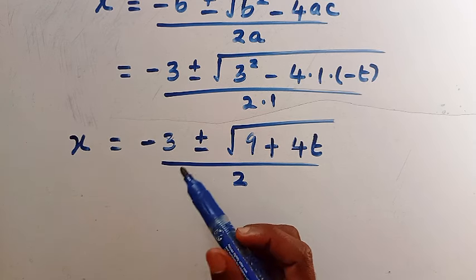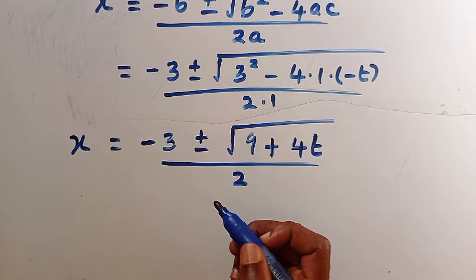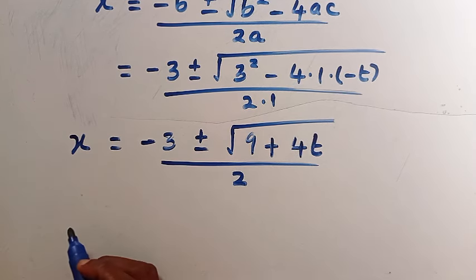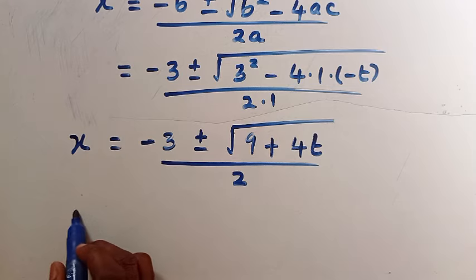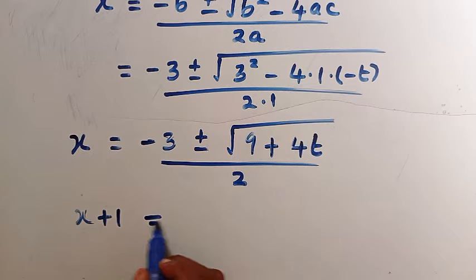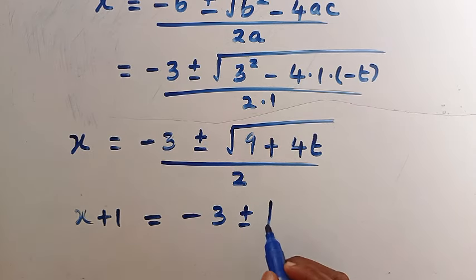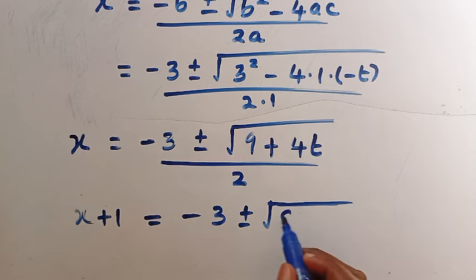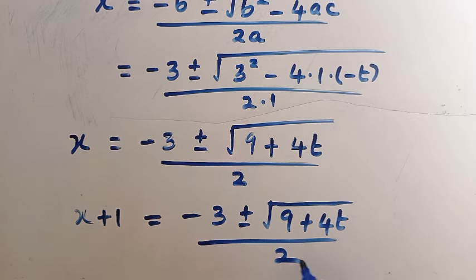But before that, on the other side where we have x plus 1, this is only for x. And to get x plus 1, we are going to add 1 to both sides. And this will be equal to minus 3 plus or minus the square root of 9 plus 4t divided by 2, then plus 1.